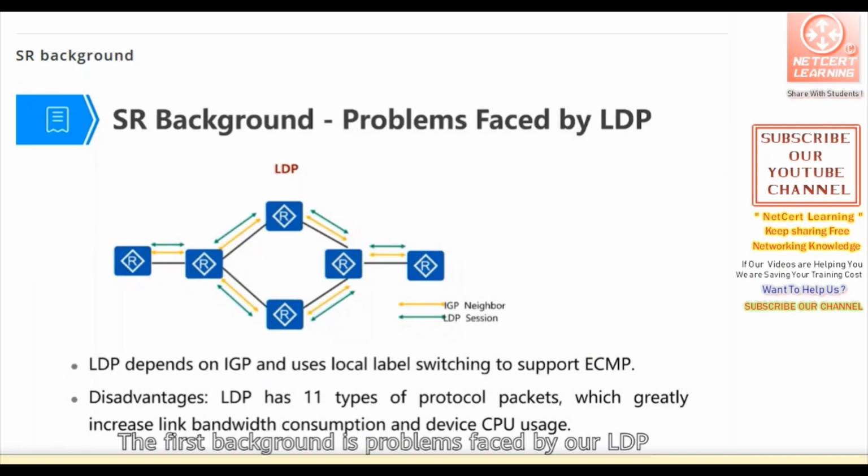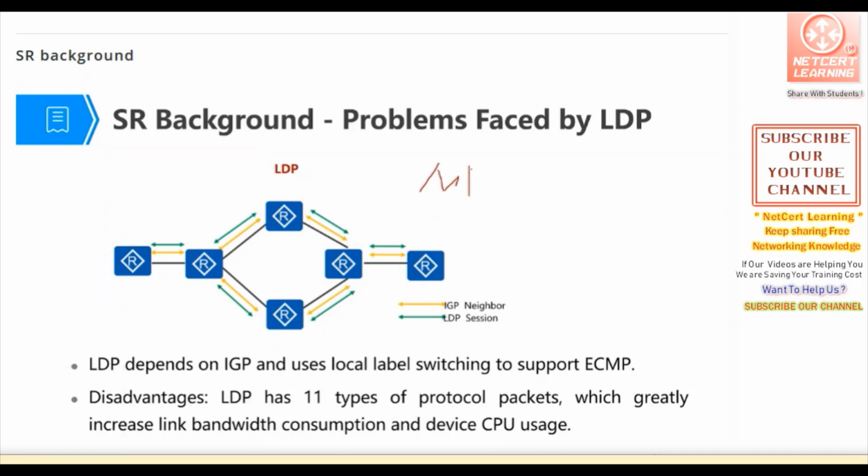First, let's look at the first chapter, SR technical background. The first background is problems faced by LDP. We know that for MPLS, we have several protocols that can help us to distribute the labels, and LDP is one of them.